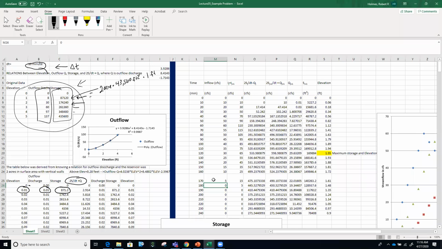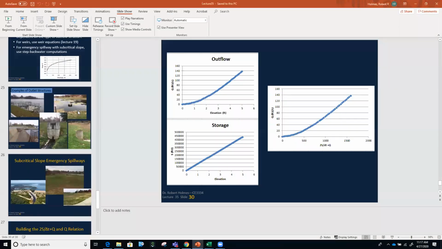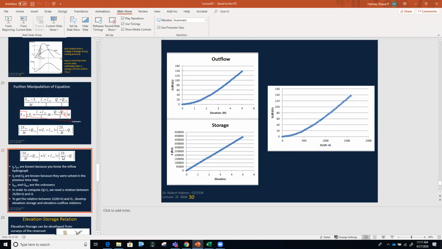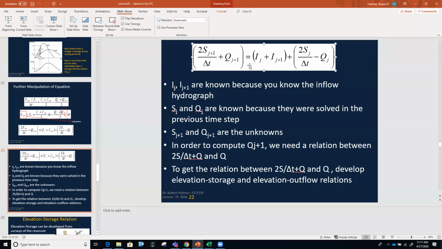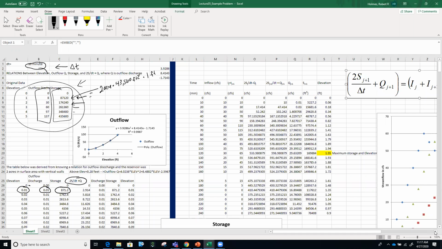Let me go get the equation that we're dealing with. Here's our equation. I'm just going to copy this over at the top and place it right here. This is what I'm trying to solve.